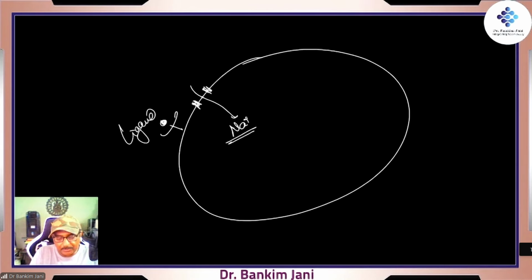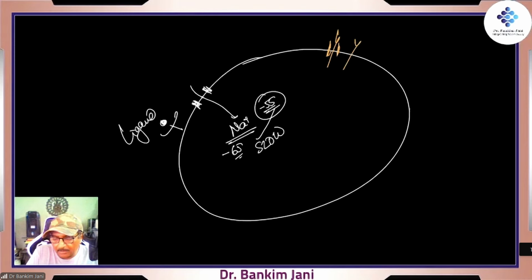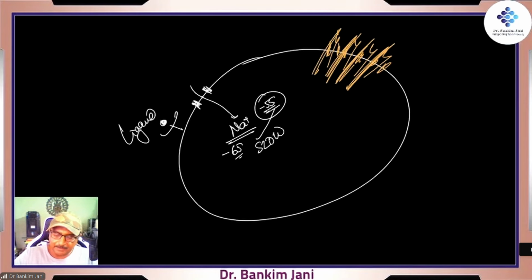Sodium is coming in, so it will raise the potential from minus 65 to minus 55 millivolts. This is slow. But when this is reached, the high speed sodium channels sitting over here, which were waiting for minus 55, rapidly pump a large amount of sodium in.